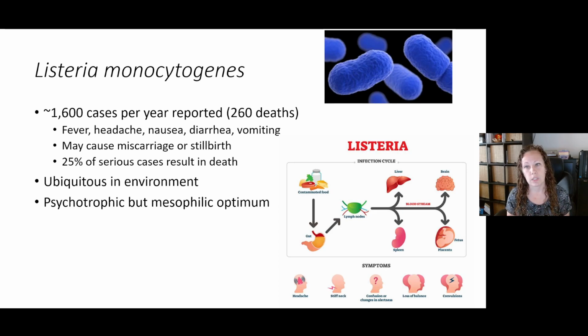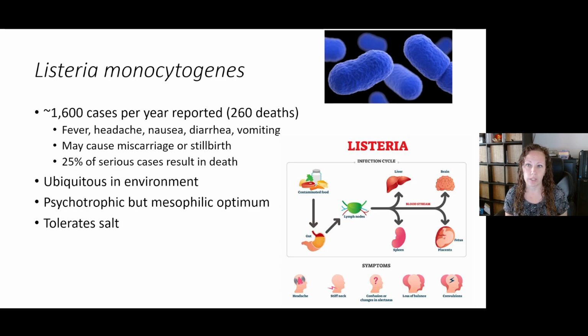So in foods that are going to be held at refrigeration temperatures and not cooked, there's a lot of attention paid towards Listeria monocytogenes. Anything that is considered ready to eat really has to have Listeria monocytogenes prevention measures.